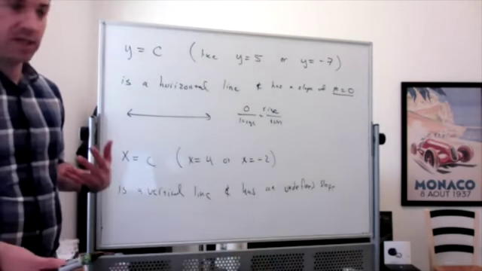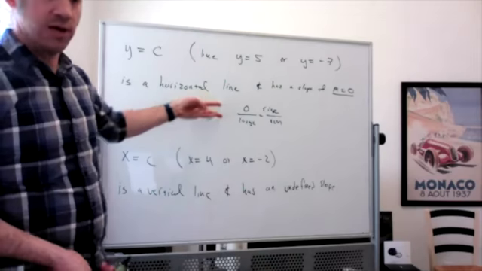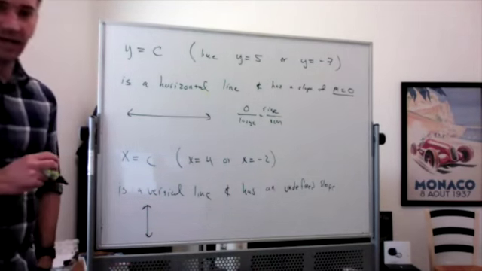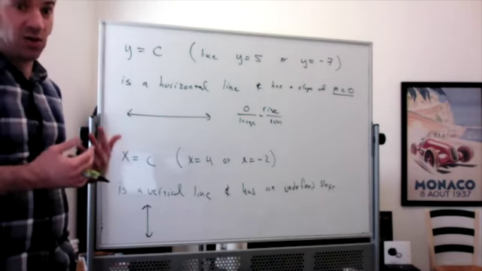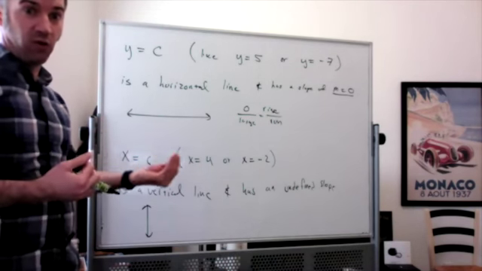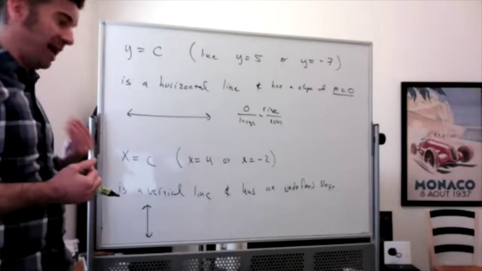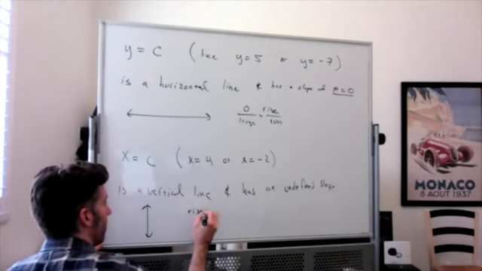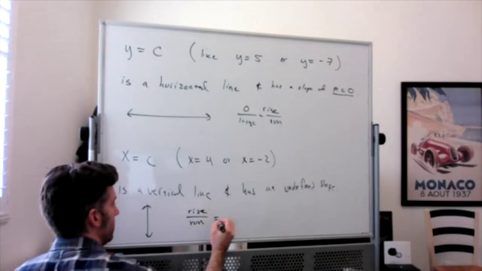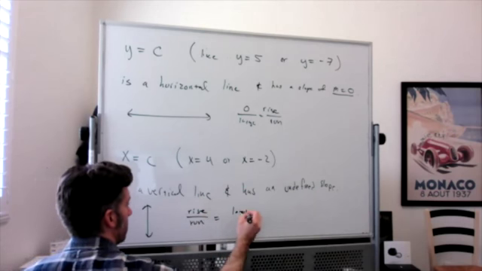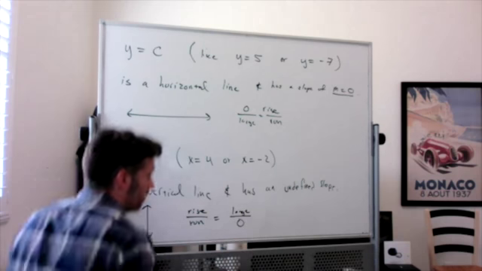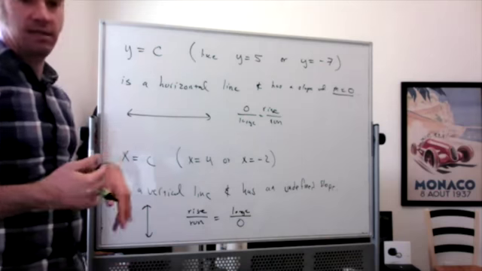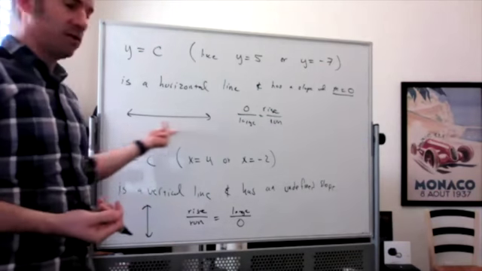For the same sort of reason that a horizontal line has a 0 slope, a vertical line has an undefined slope, because you've got 0 run. It's not moving left or right at all, but it has a lot of rise. So the rise over the run is a large number divided by 0, and dividing by 0 is undefined. So vertical lines have an undefined slope, horizontal lines have a 0 slope.